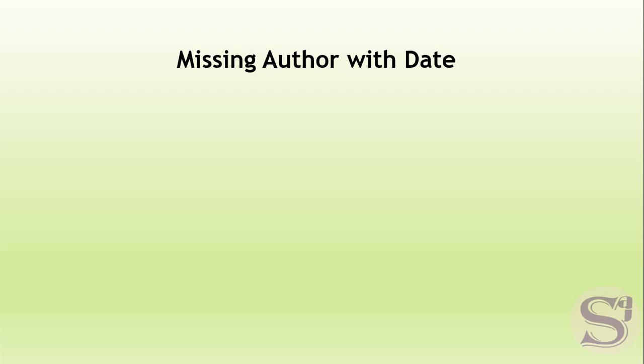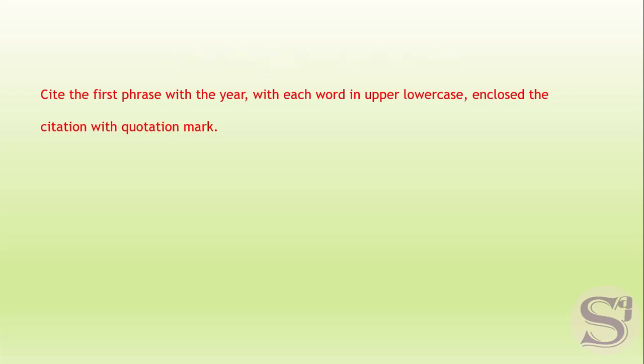To cite a periodical or a research material, especially journal articles, with a missing author but where the date is present, this is what we do. Cite the first phrase with the year, with each word in upper and lowercase, and close the citation with a quotation mark.